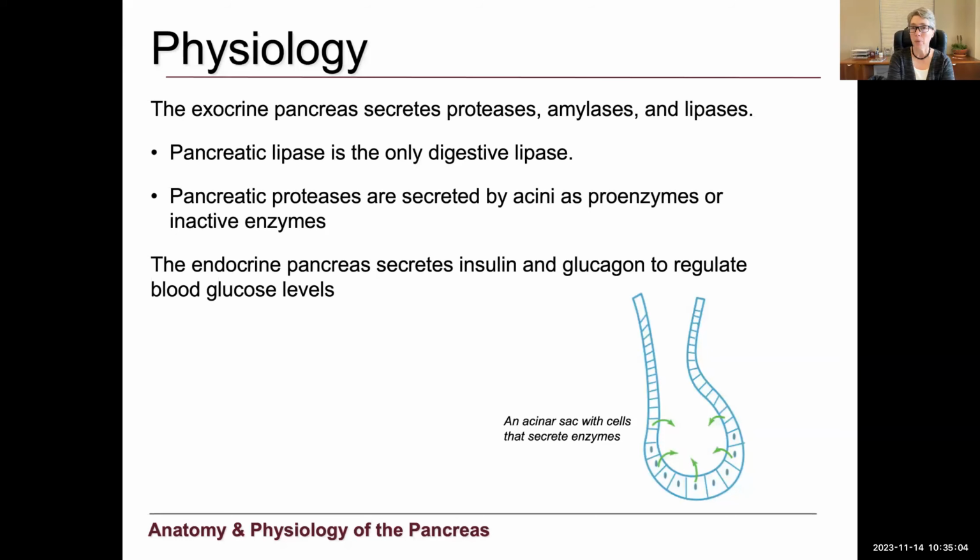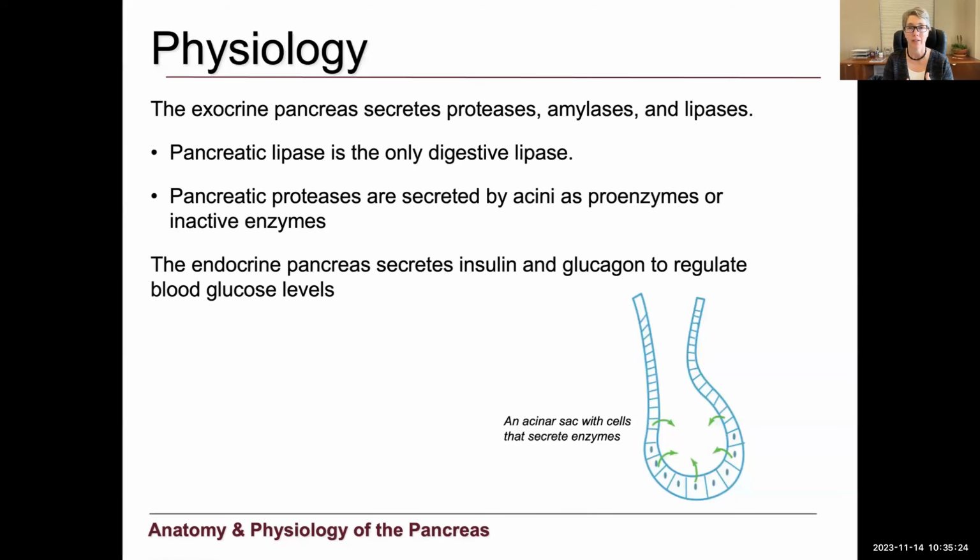The other thing to keep in mind from a clinical perspective is the pancreatic proteases are such strong enzymes that if they were secreted as active digestive enzymes into the acini, they would auto-digest the acini.